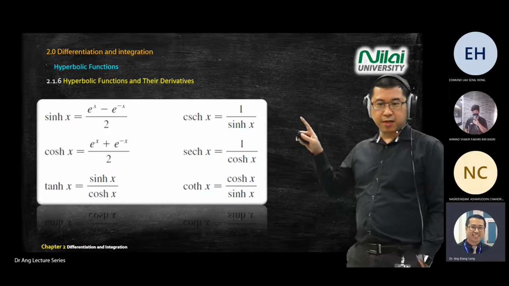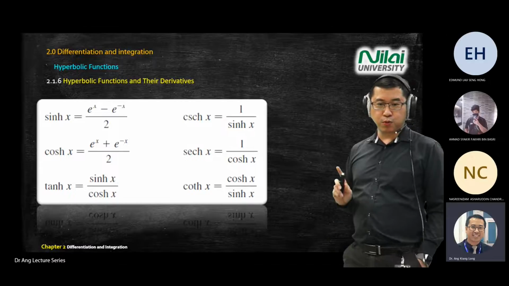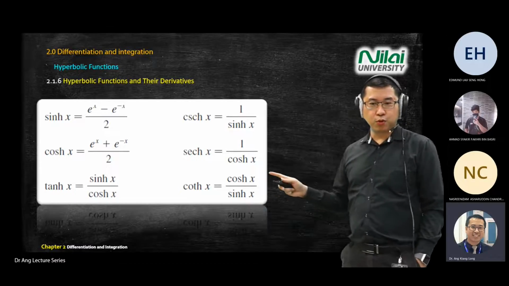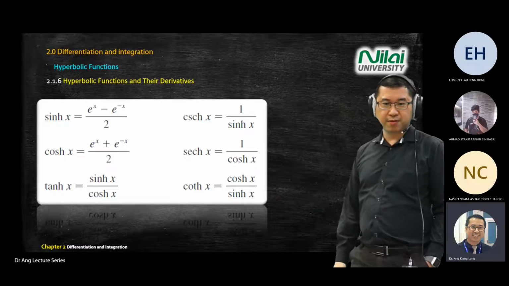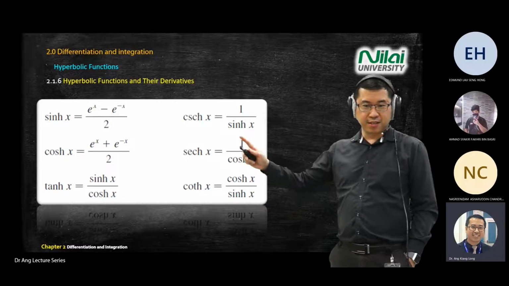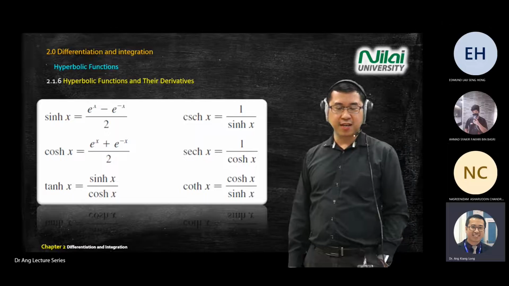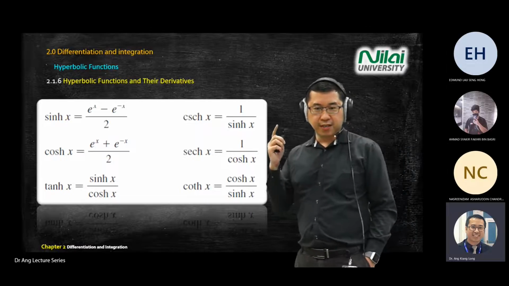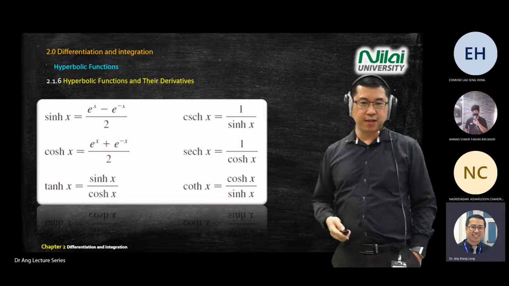However, what is important for you to score marks in tests and exams is to remember there's a table for you to refer to. The rest is just substitution and simple either integration or differentiation.